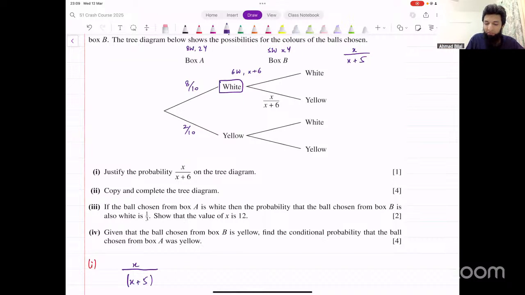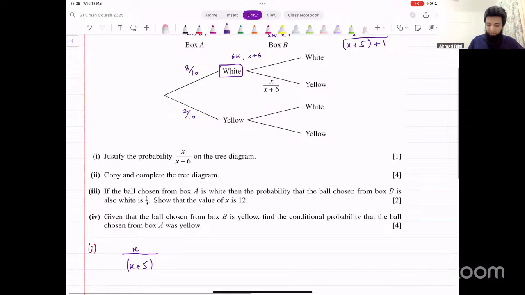Now, if 1 white ball gets added to that number, the number of yellow balls remains the same. That does not change. But the denominator, the total number, it has 1 added to it. So you say you have 1 added to the denominator, and that gives you x over x plus 6. So this probability at this branch should be x over x plus 6.